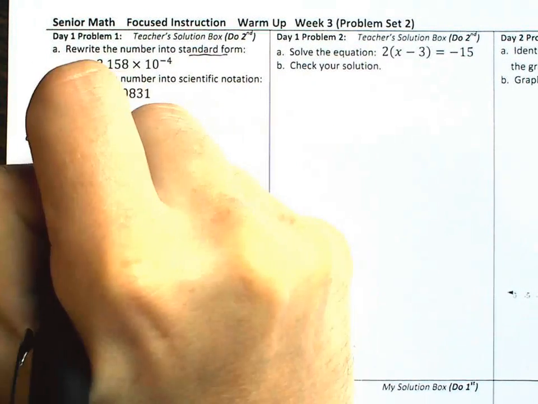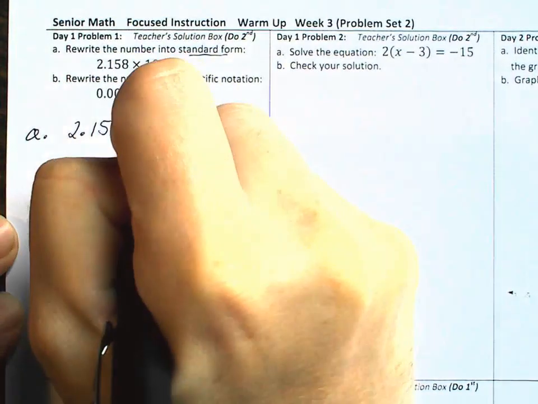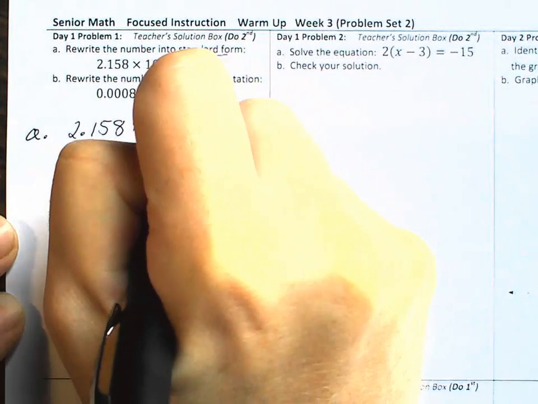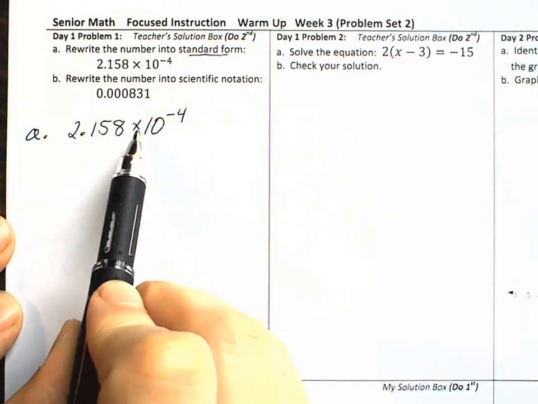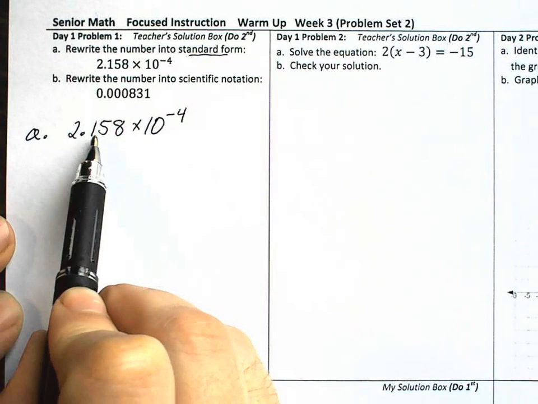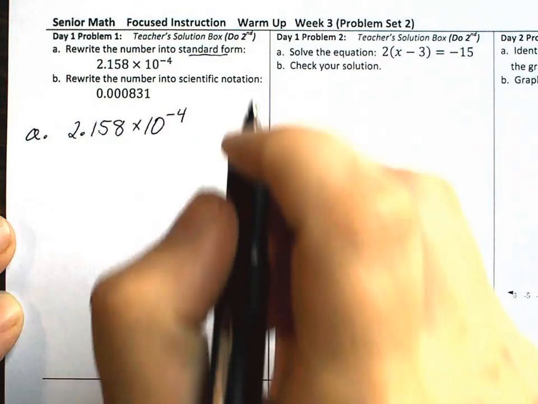I'm going to start by writing down that number. And then we're going to think about the meaning of multiplying a number like this decimal by 10 to the negative fourth power.